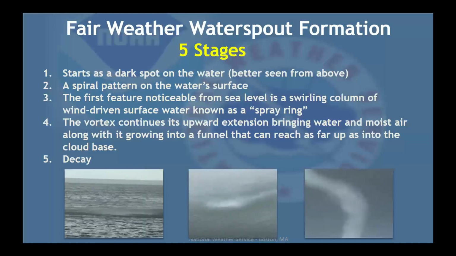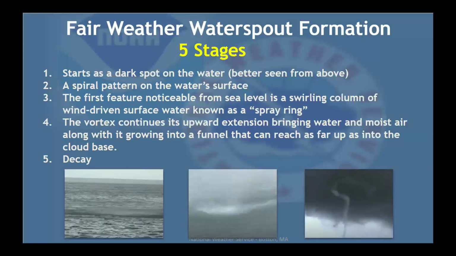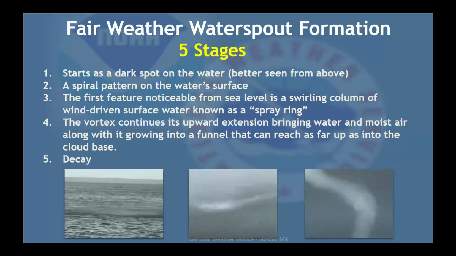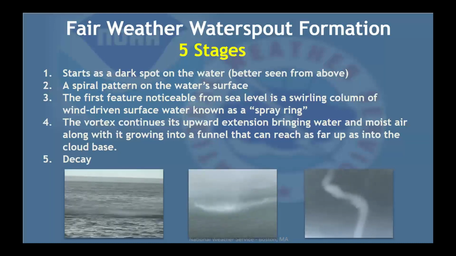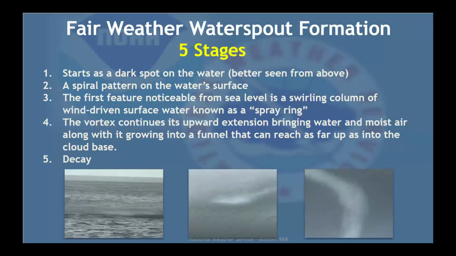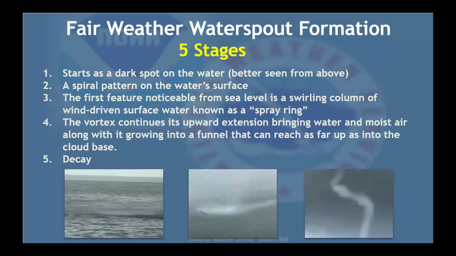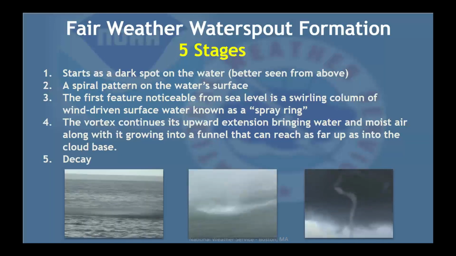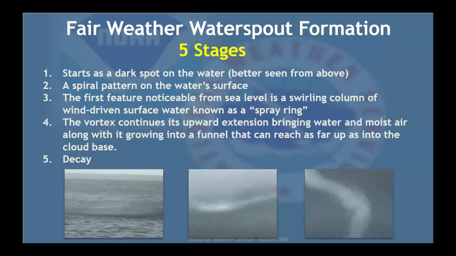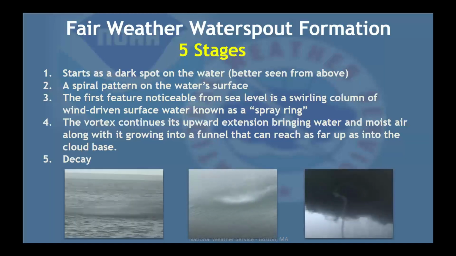But eventually, something that becomes more visually obvious is stage 2, where a spiral pattern starts to form on the water surface. And then after that, stage 3, this is the first feature that is more noticeable from the surface, and that would be a swirling column of wind-driven surface water, and this is known as a spray ring.